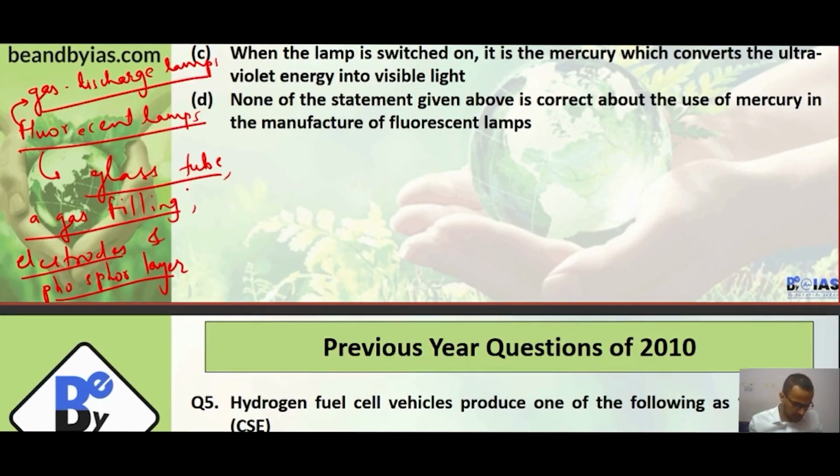What do gas discharge lamps mean? Gas discharge lamps generate light by sending an electrical discharge through an ionized gas.